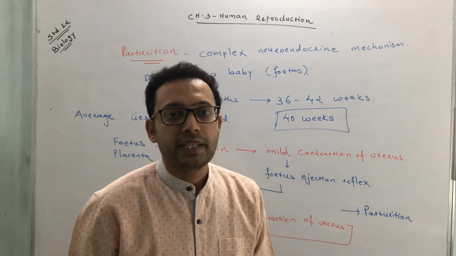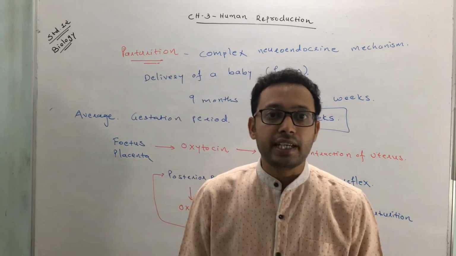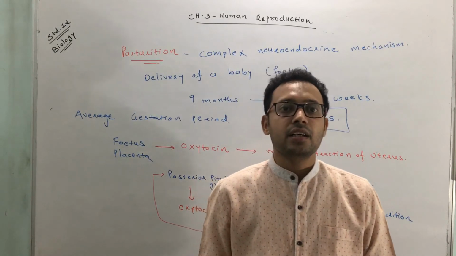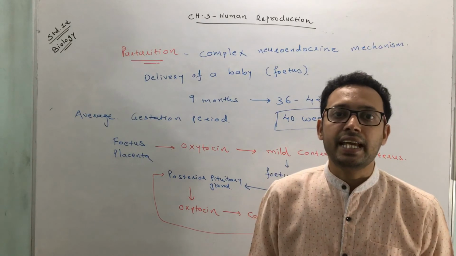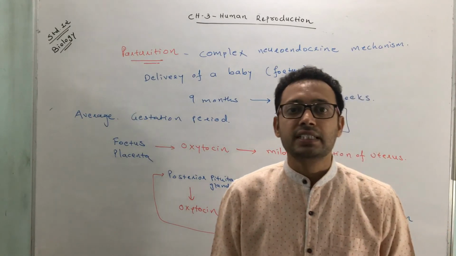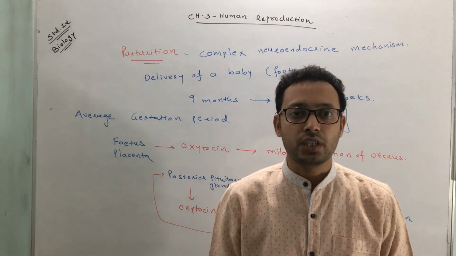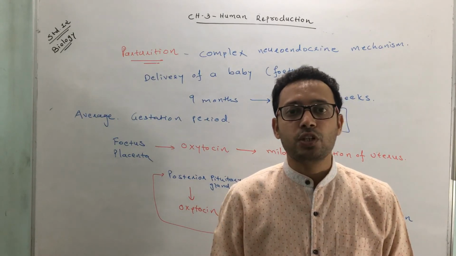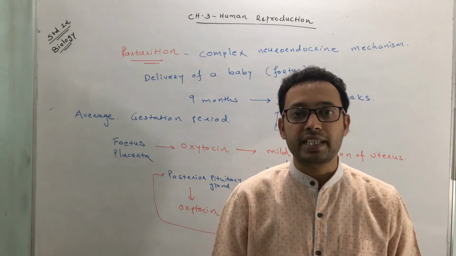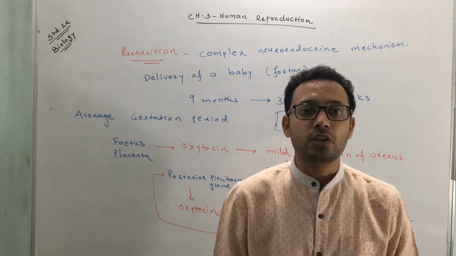If a baby is not able to be delivered in a normal way, then a kind of surgery has to be performed, which is called a C-section, what we call cesarean section. In a cesarean section, the abdomen is cut and the baby is taken away from the womb, or the uterus.